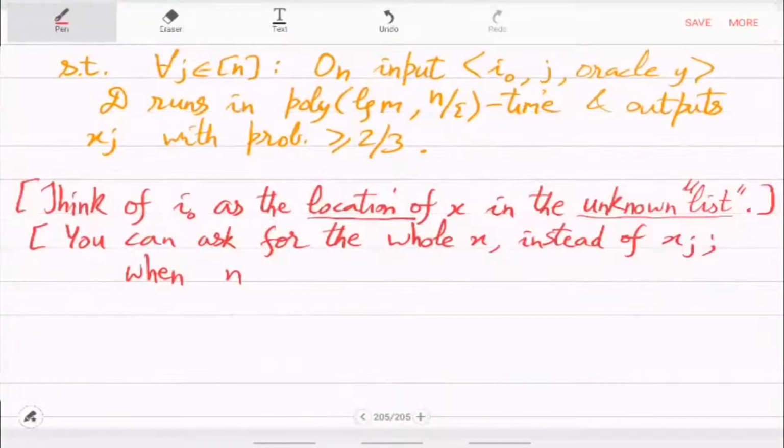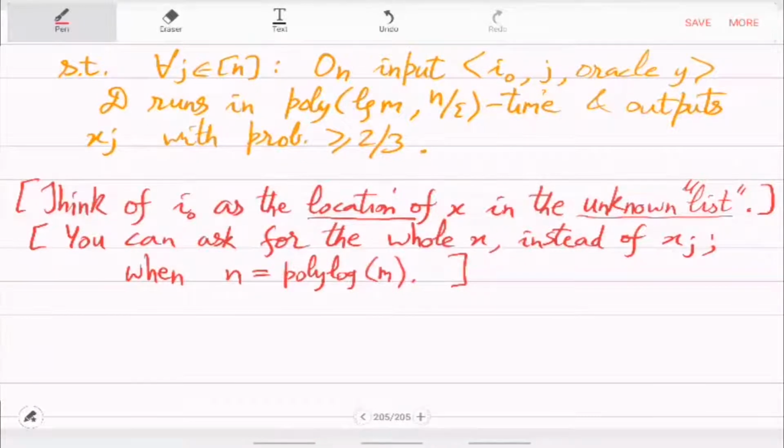When n is polylog of m, which happens, for example, in the Walsh-Hadamard case, but it may not happen in the Reed-Solomon, Reed-Muller case. In case the blow up that the error correcting code is doing is too much, then you only ask for few bits of x, otherwise you can ask for the whole x, because it makes sense to output everything.